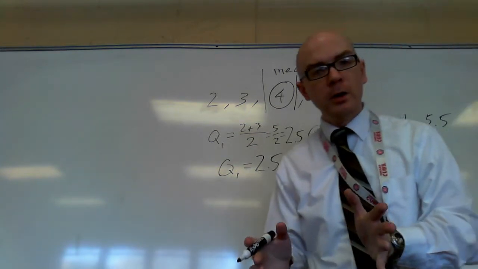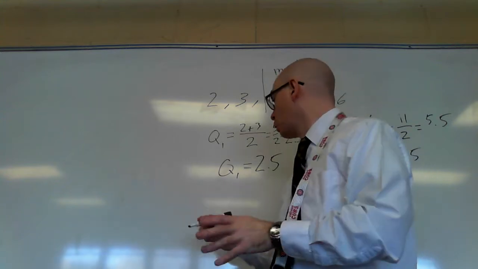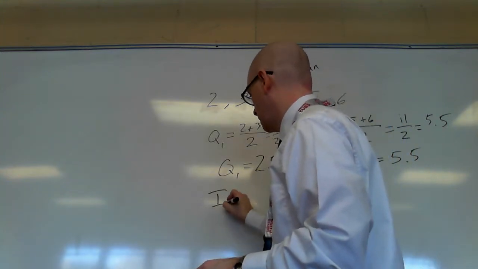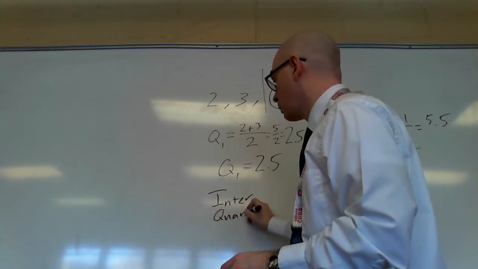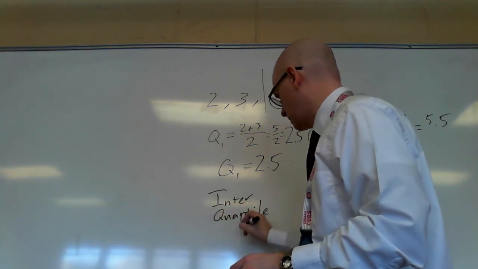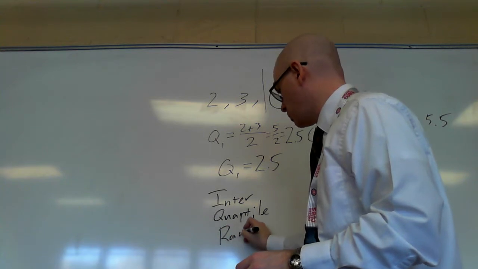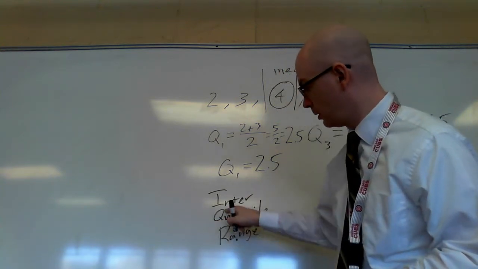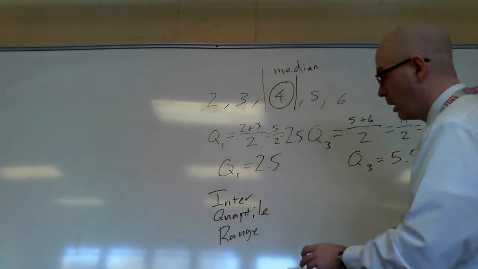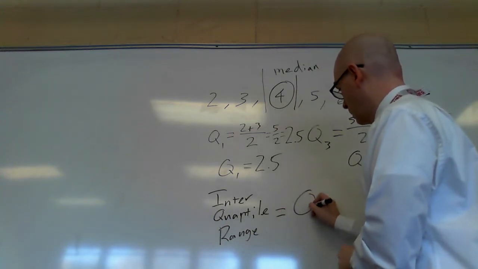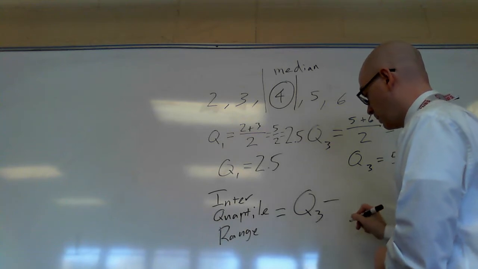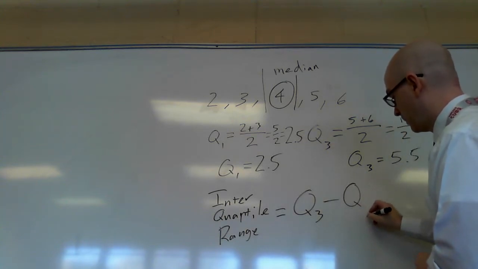The next thing we're going to look at is what's called our interquartile range, or just IQR for short. Our interquartile range is simply going to be Q sub 3, our third quartile, minus our first quartile.